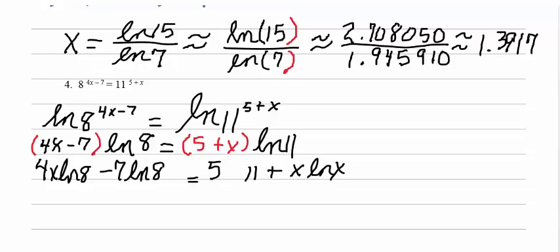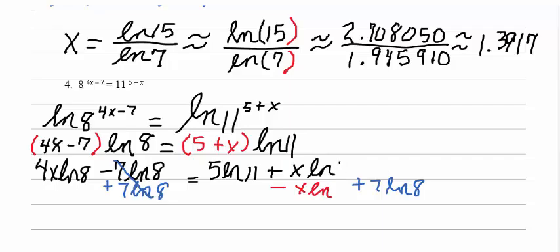Now I'm going to get everything that doesn't have an x in it on one side of the equals, everything that does on the other side of the equals. I'm going to do that by adding 7 times the natural log of 8 to both sides of the equation. And then I'm going to subtract x times the natural log of 11.